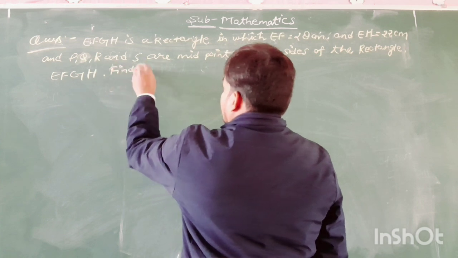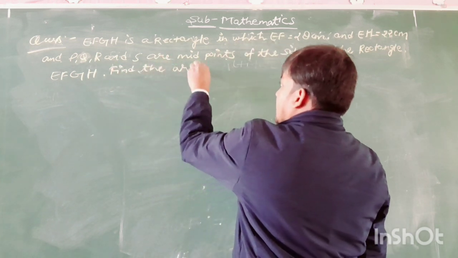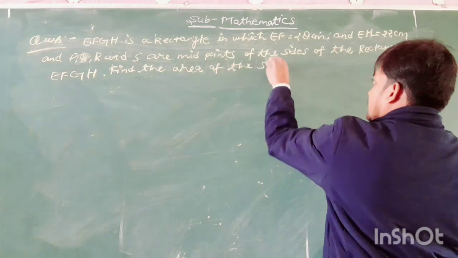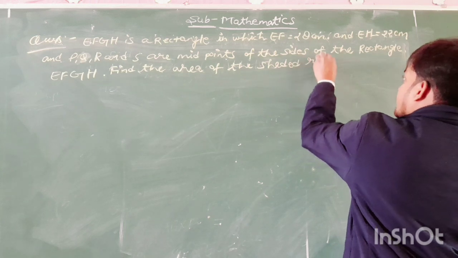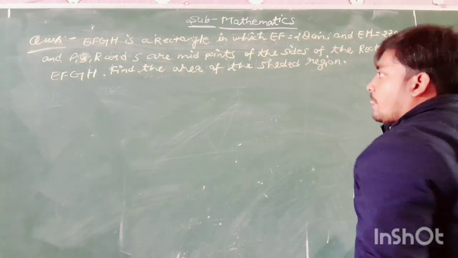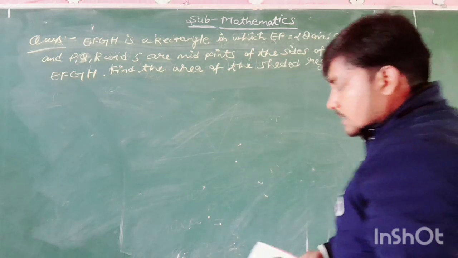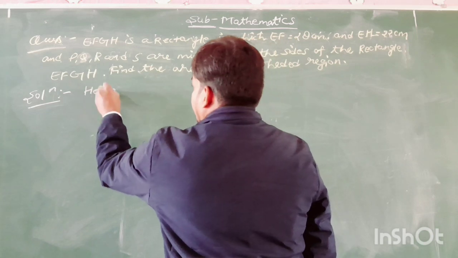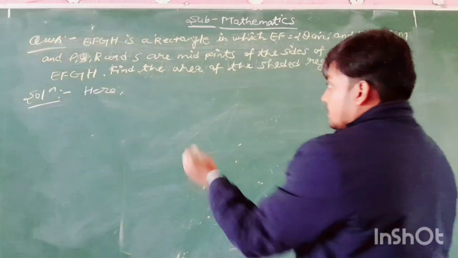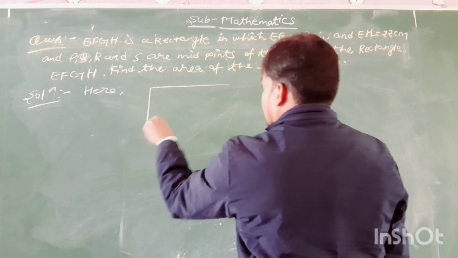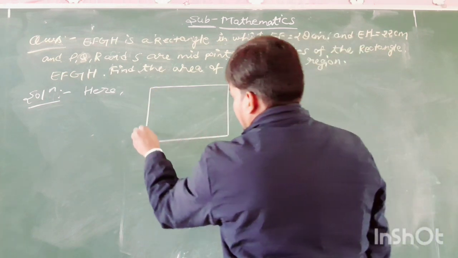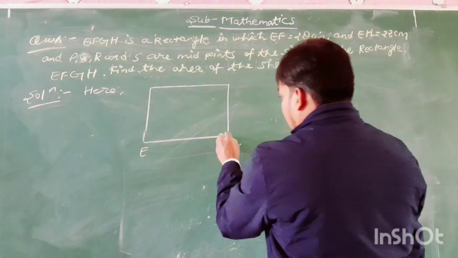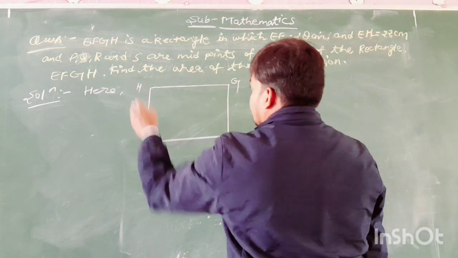So to find the area of the shaded region, the figure of that problem is here. EFGH is a rectangle.